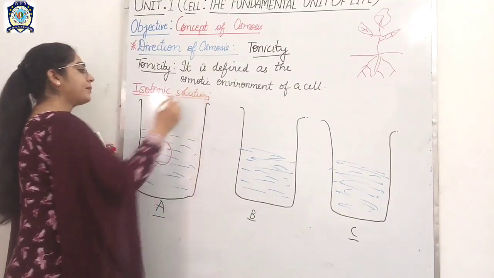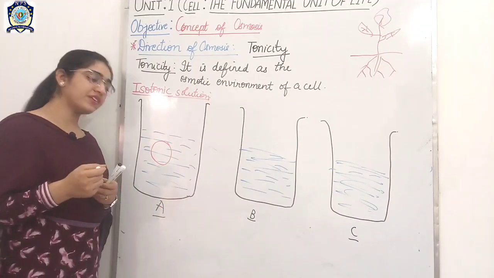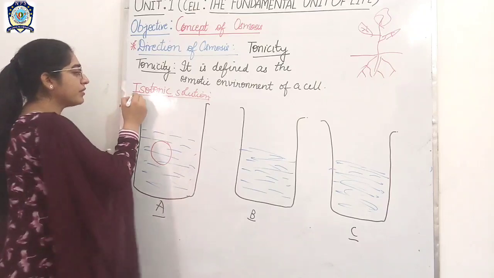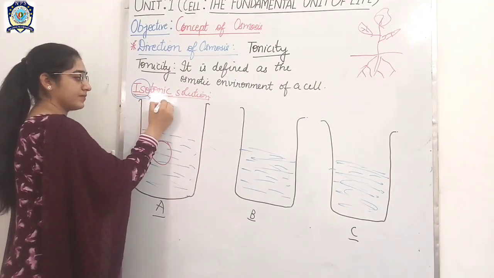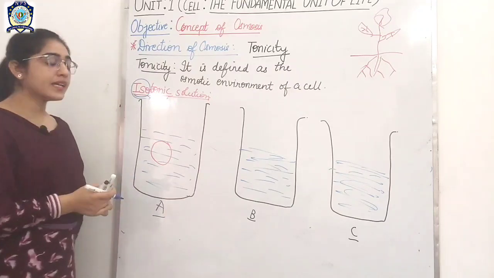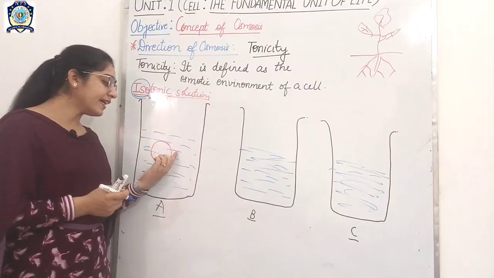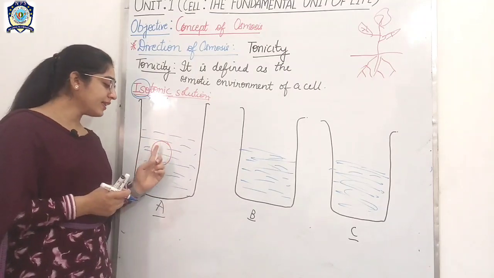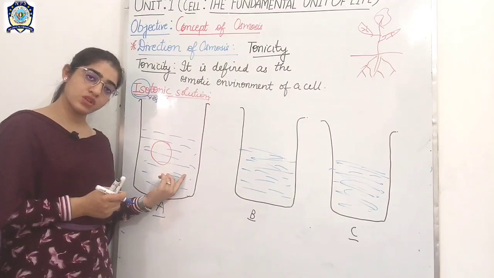Now, if we keep the cell in the isotonic solution, what will happen? Iso, students, what does it mean? Iso means equal. It means the concentration of water is equal in the cell and the surrounding solution.